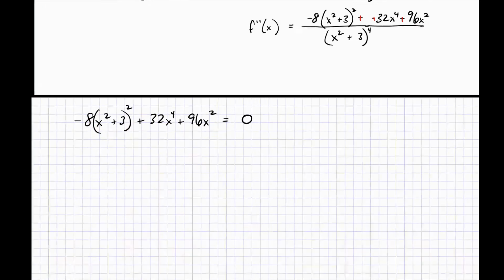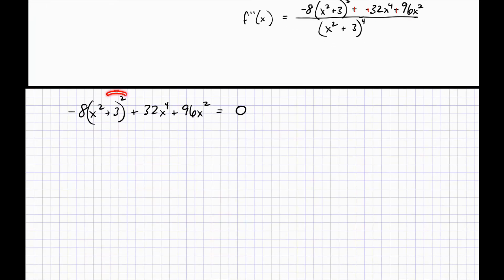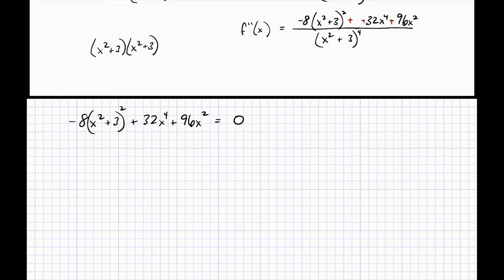So I'll do it off to the side. This part right here is x squared plus 3 times x squared plus 3. I'm just doing FOIL here. I multiply the first two terms, I get x to the 4th. Multiply the outside terms, I get 3x squared.